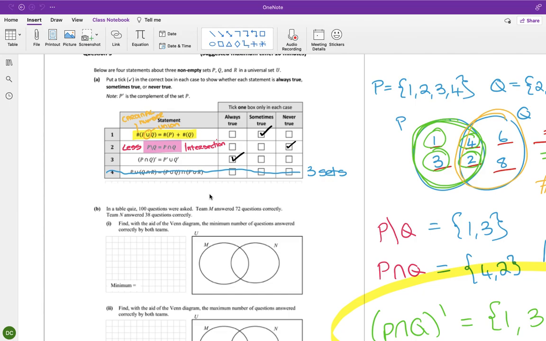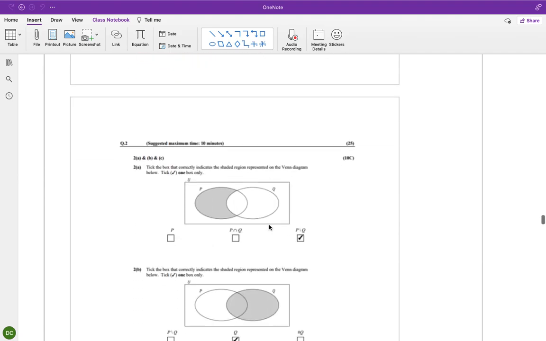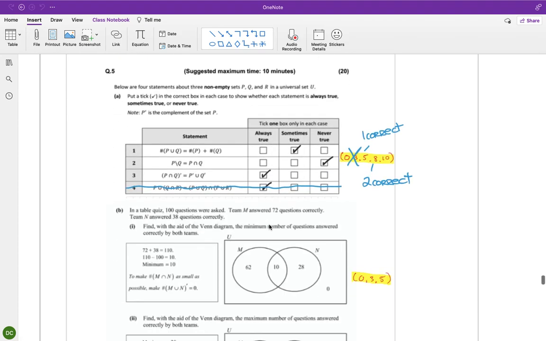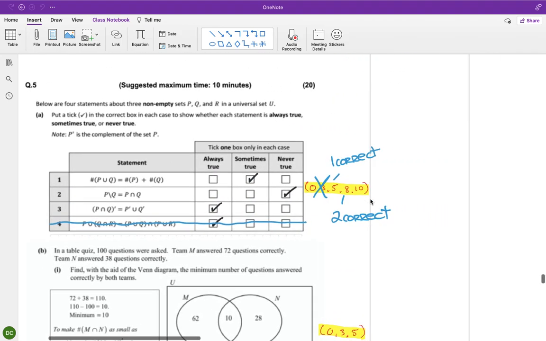Sometimes true, never true, and always true. The last one was also always true. But like I said, it's a 3-set one, so I'm not going to do it. Marks for that are slightly changed, so just double check. Can everybody double check this? The marks are now 0, 5, 8, 10.